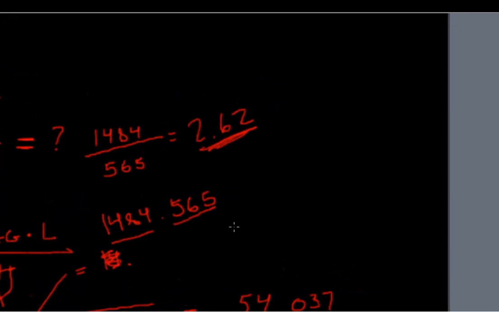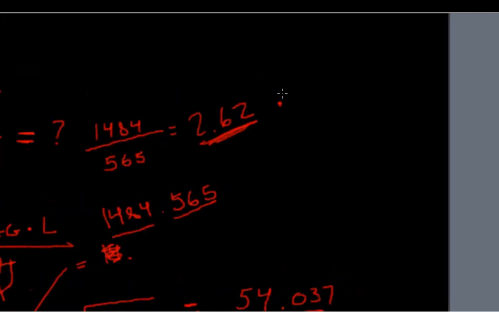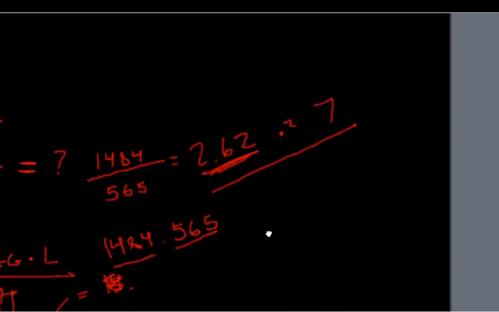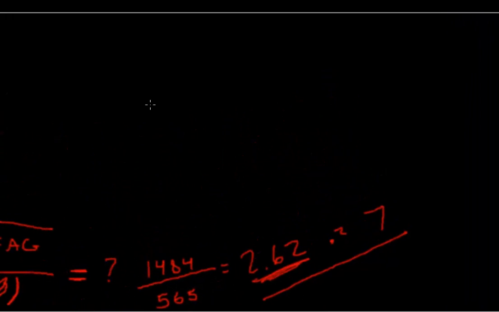So you got 2.62 times to the squared 7. Now what you want to do is multiply 2.62 times 7 first. Don't mind the exponent in the times sign right there.